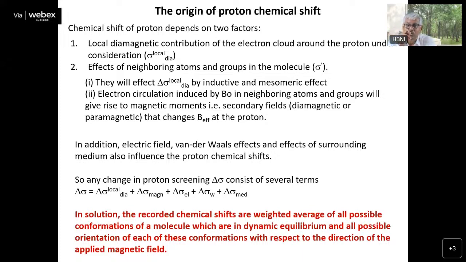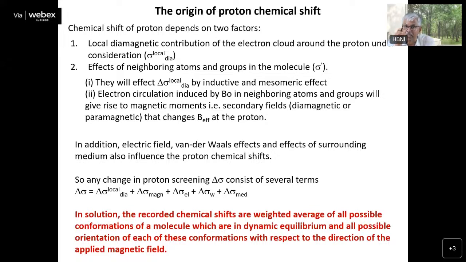Also, the molecule can orient in all possible ways. If you consider any conformation, it can orient along the applied field or against the applied field. So we are considering all those things. It is the weighted average of all possible conformations of a molecule in dynamic equilibrium.